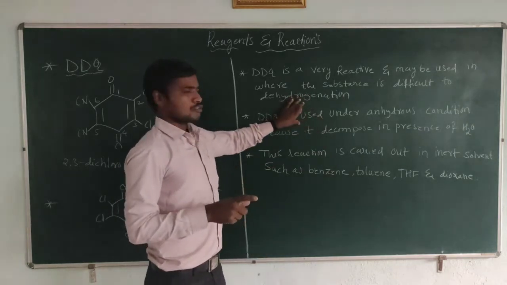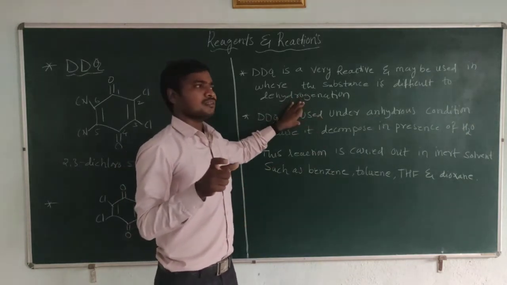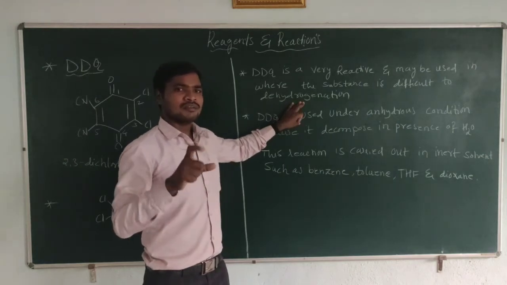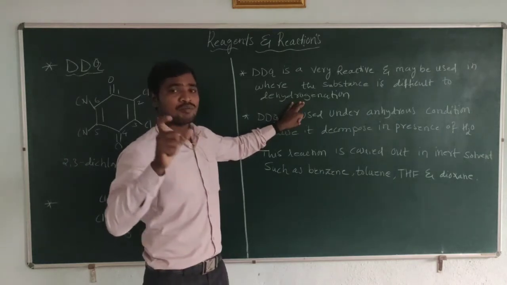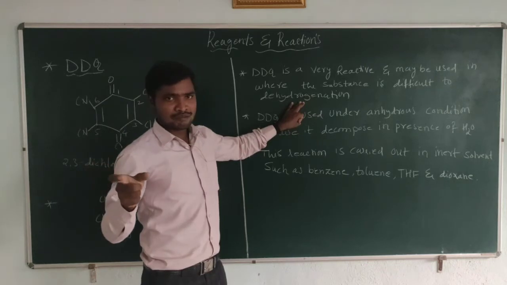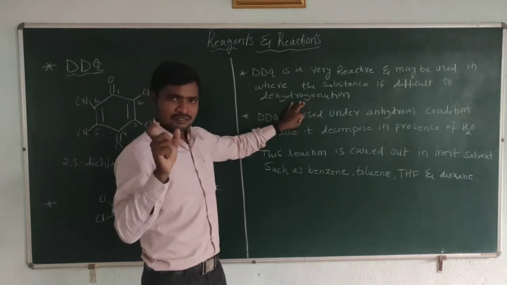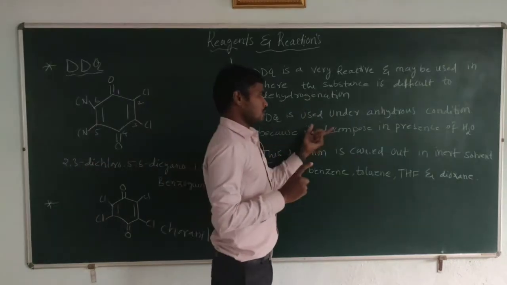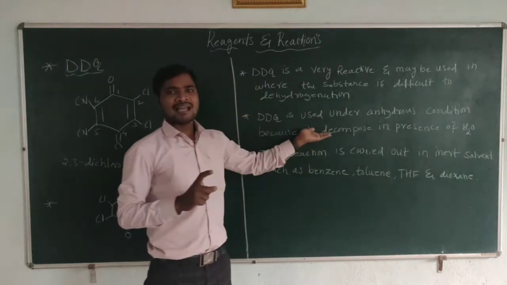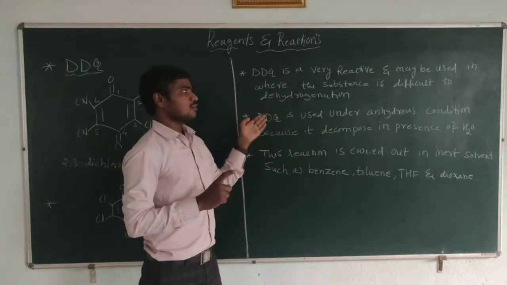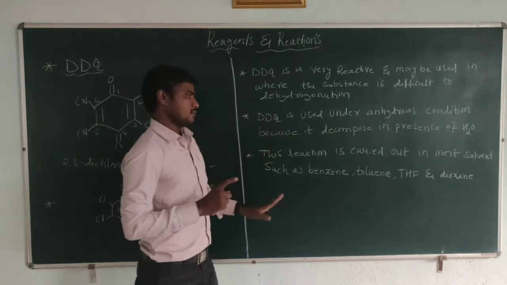After reacting with water, the DDQ decomposes and forms hydrogen cyanide, which is a poisonous compound. So the medium should be anhydrous where we are using DDQ as a reagent.